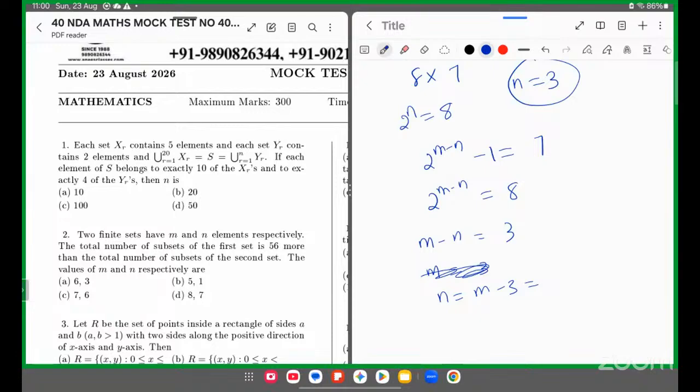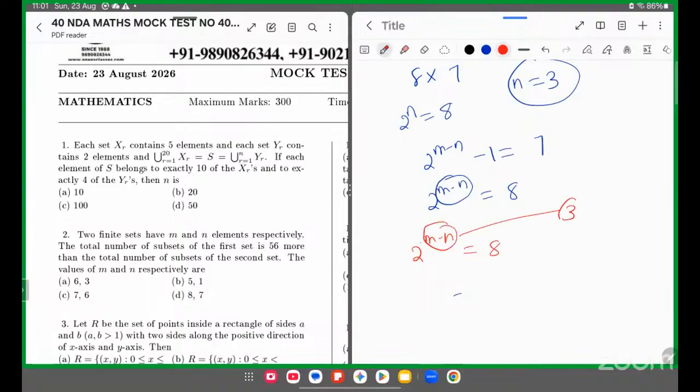So 2 raised to m minus n equal to 8, so m minus n should be equal to 3. That means m equals 3 plus n. n is already calculated, that is 3.